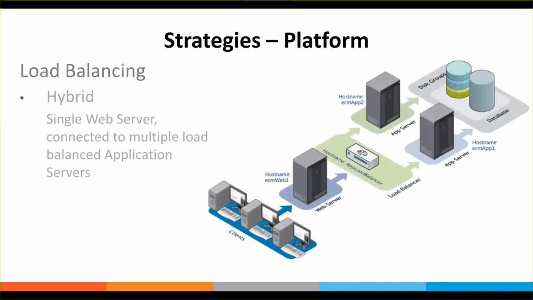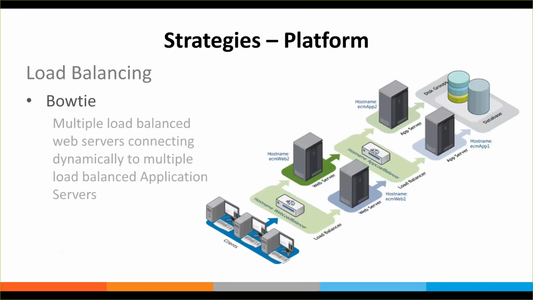There's a hybrid version as well, where there's one web server that's load balanced to multiple app servers. And then there's the bow tie, where there's multiple load balancers, where you have a load balance to multiple web servers, and then those web servers are load balanced to multiple app servers. OnBase works great with any of that.